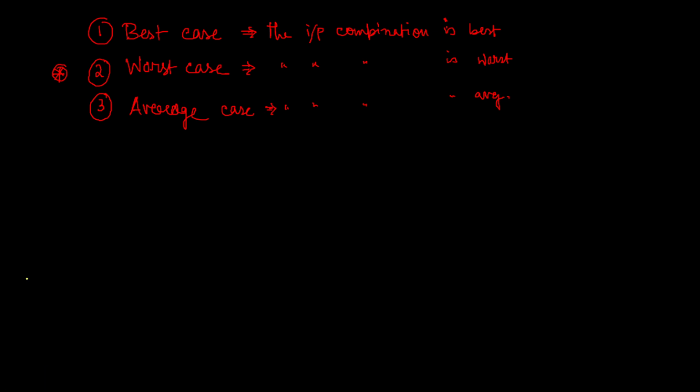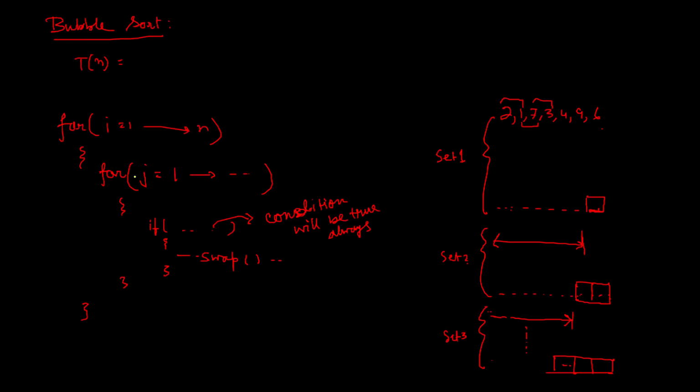You see, the time taken to execute by n number of inputs in bubble sort. When i equals 1, for the first pass, we are going through n comparisons: comparison 1, comparison 2, comparison 3, comparison 4, something like this.